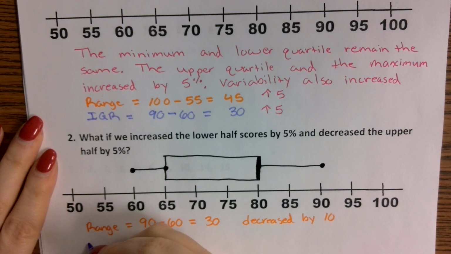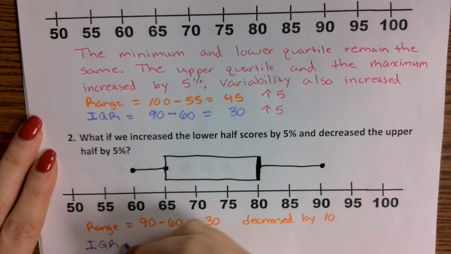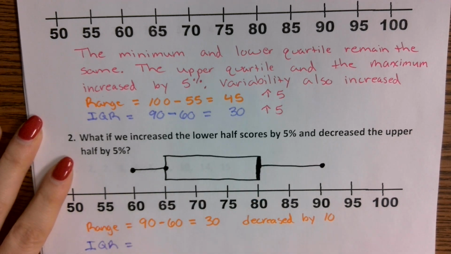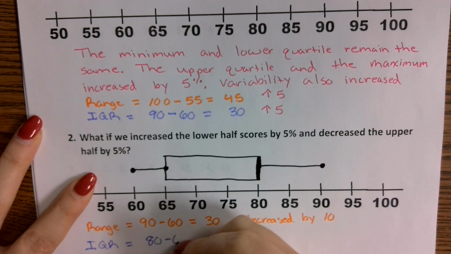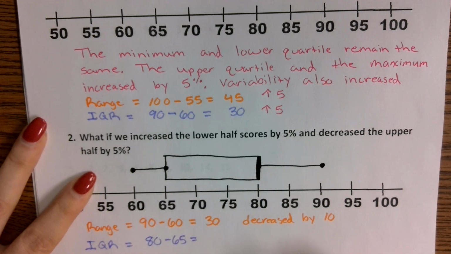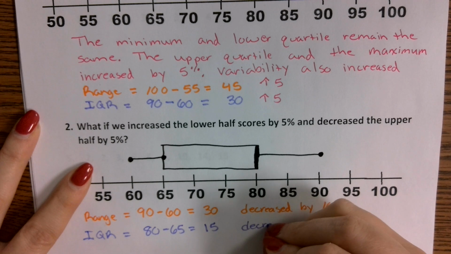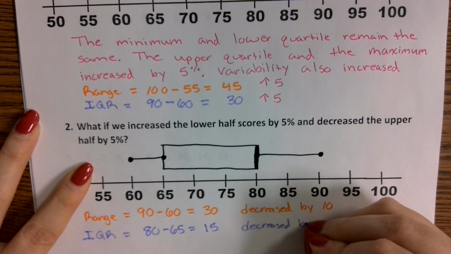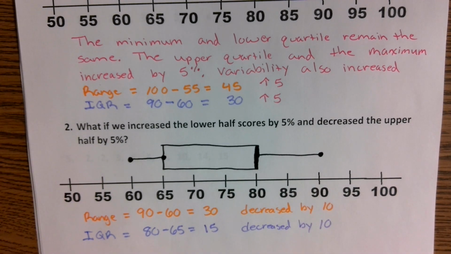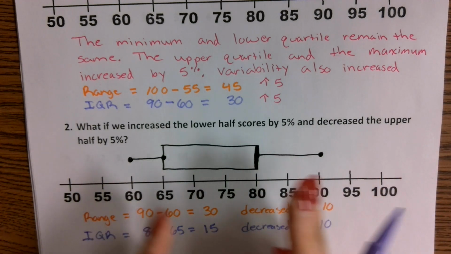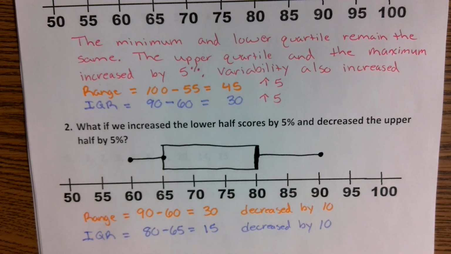My interquartile range, my IQR, that's my box, is 80 minus the 65. 80 minus 65 is 15. That decreased by 10. So my variability kind of got smaller. The data points now become a little bit closer together, a little bit more squished in.